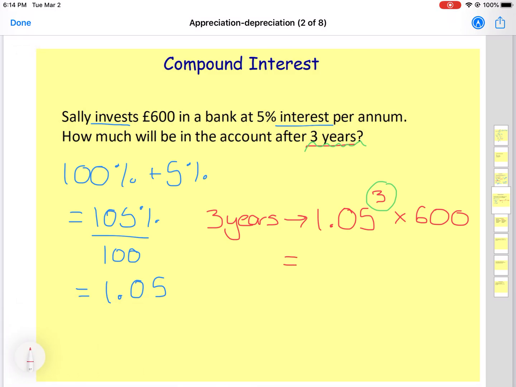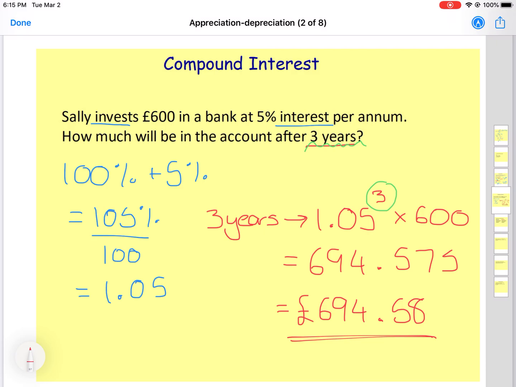We've got to put that into the calculator then, so 1.05 cubed, or power of 3, times 600 gives us 694.575. We're working with money, so we have to make sure our decimal places make sense. Units of pounds with 58 pence on the end.